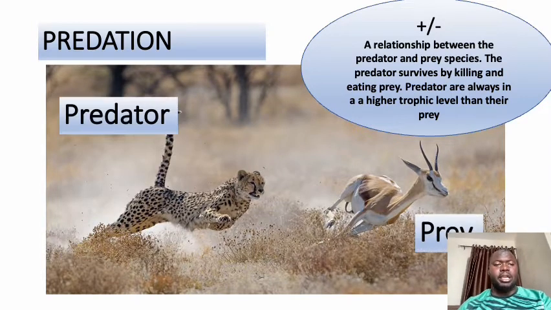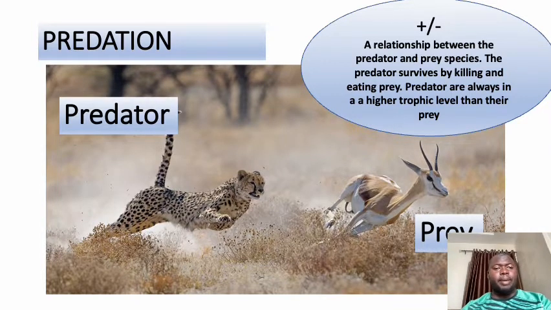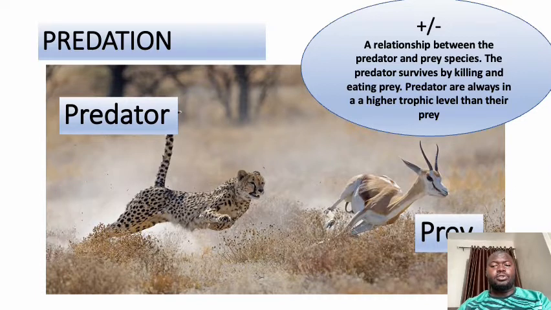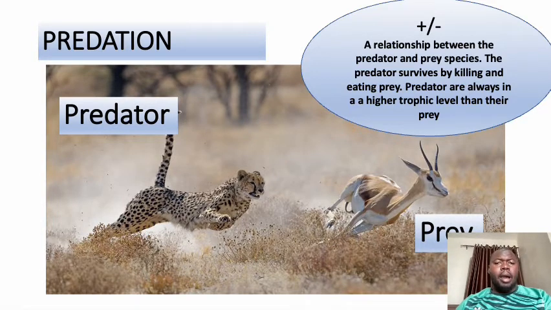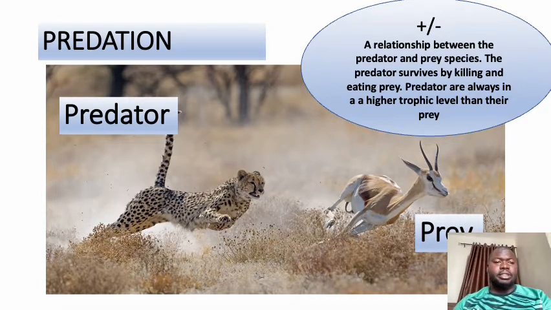So in this case, the cheetah is the predator, whereas the gazelle is the prey. So predation is a mechanism of population control in ecology. So predators are always in a higher trophic level than their prey.